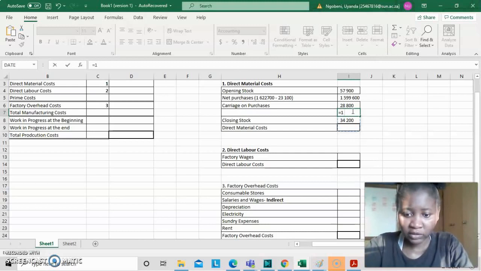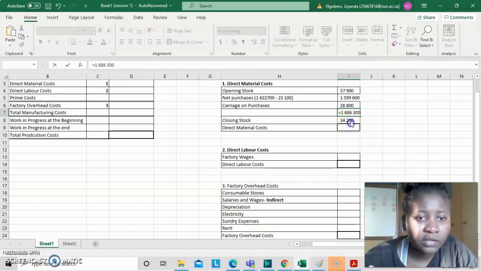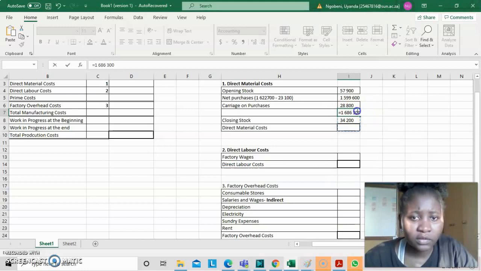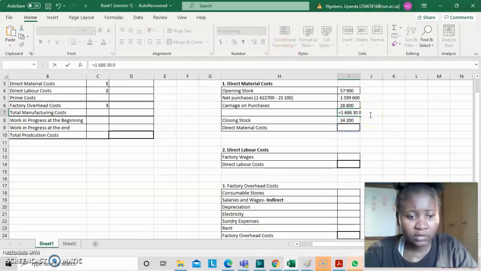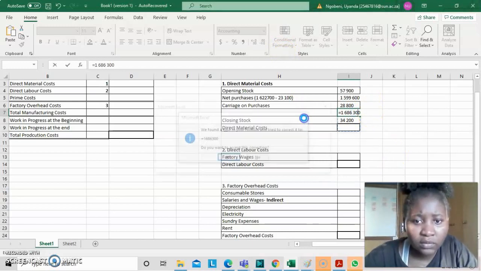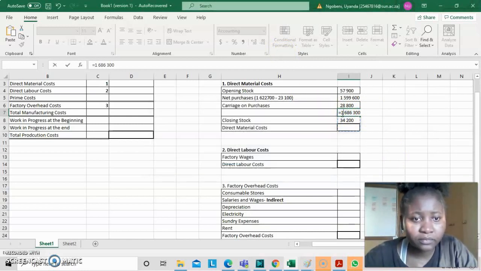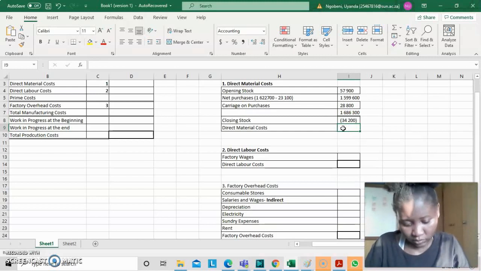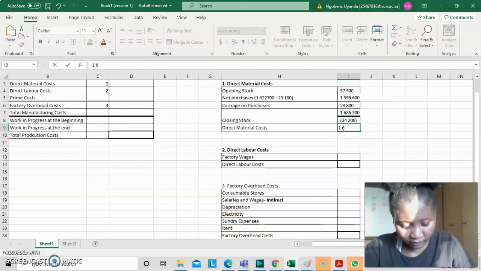Okay, so here we got 1,686,300. And then this one is going to be minus 34,200, and then 1,652,100.